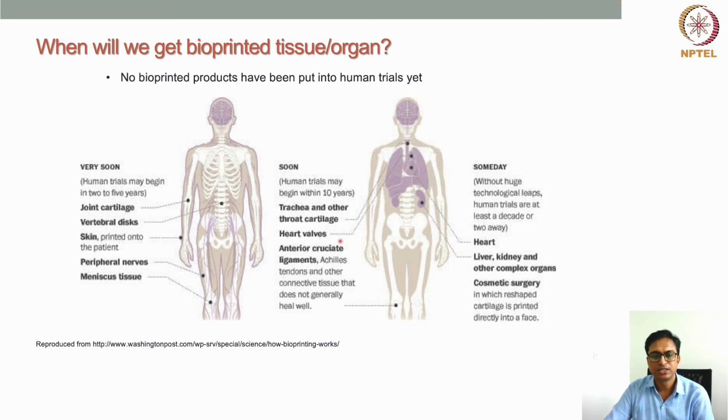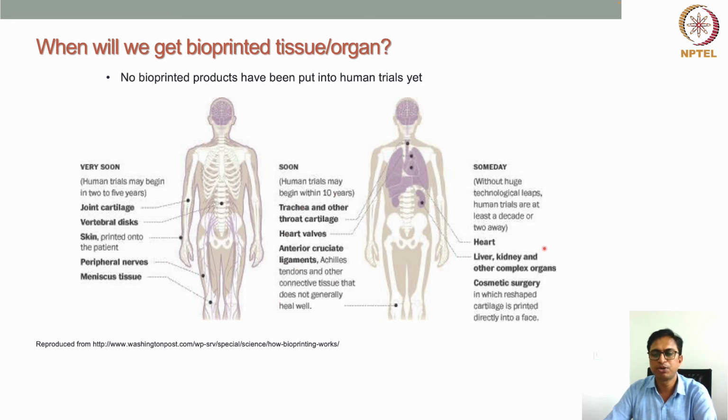These come under the very soon category. In the soon category, there are things like trachea, throat cartilage, heart valves, anterior cruciate ligament, and Achilles tendon. These things can take a few years, probably around 10 more years or so, before they can actually be used for clinical applications.